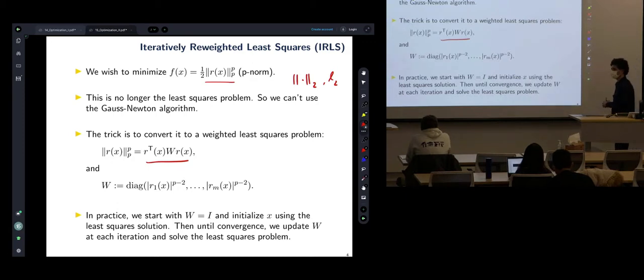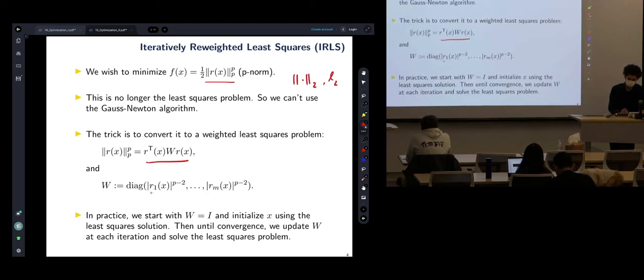Now, the weighted least squares, if the weights are constant, it is as easy to solve as the least squares problem. That's not a problem. You'll just see a weight matrix in the solution, as we saw in the regression examples. However, the trick is that we don't want to change the objective function.